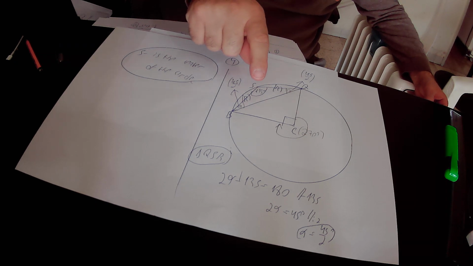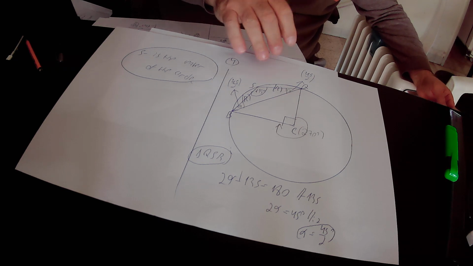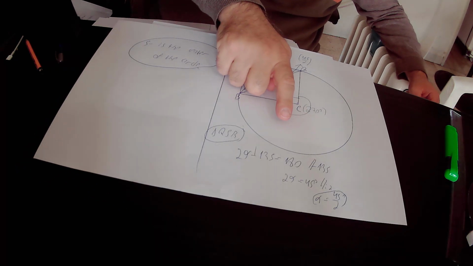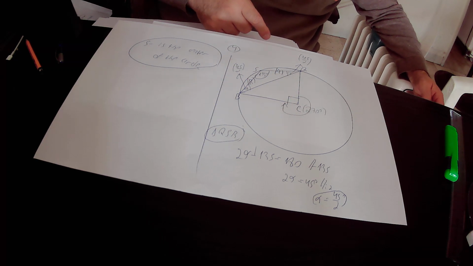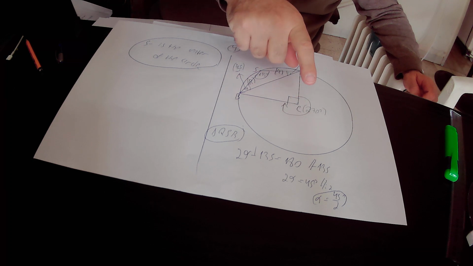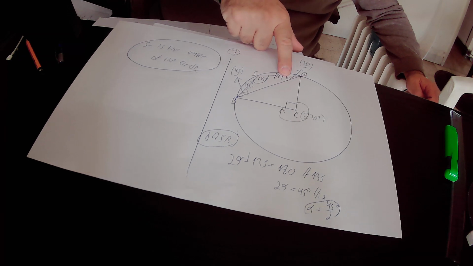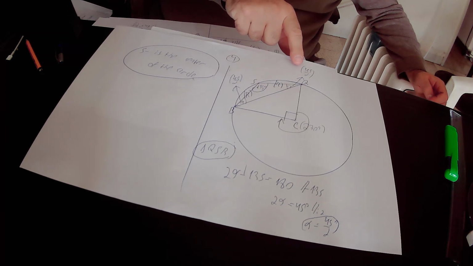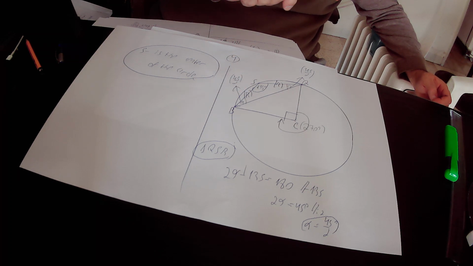Alpha plus alpha, that is 2 alpha, plus 135 degrees equals 180 degrees. Here we subtract 135 degrees and find that 2 alpha equals 180 degrees minus 135 degrees, which is 45 degrees. So 2 alpha equals 45 degrees. We divide this equation by 2 and find that alpha equals 45 over 2 degrees. That is to say, this is angle alpha, equal to 45 over 2 degrees, and this is also angle alpha, equal to 45 over 2 degrees.